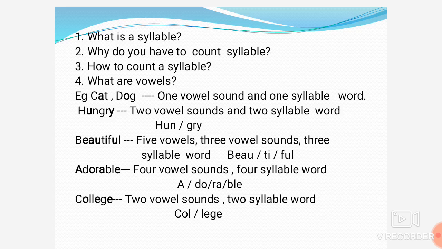So, the word hungry has got two vowel sounds, and it's a two syllable word. Now let's take the word beautiful. Beautiful has got five vowels in it, but it has got only three vowel sounds.